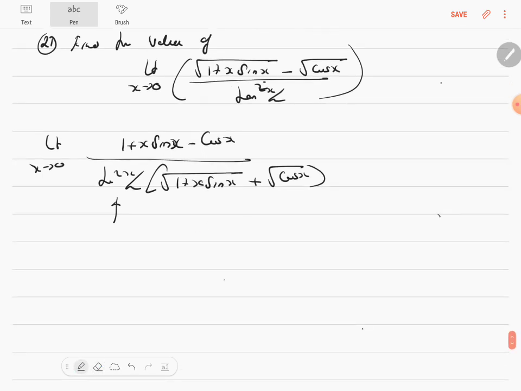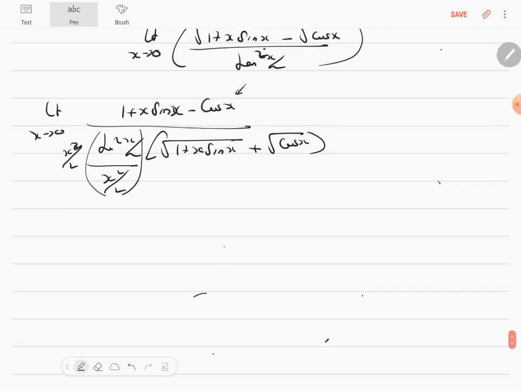And what about the numerator? You have cos 0 is 1, and 1 and minus 1 get cancelled. You're still left with an x sin x. So you know tan theta by theta is also 1, so can I just multiply this as x square by 2 and divide by x square by 2? So this gets to 1 and I can ignore it as a first step.